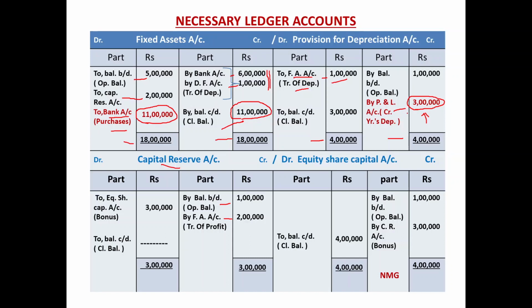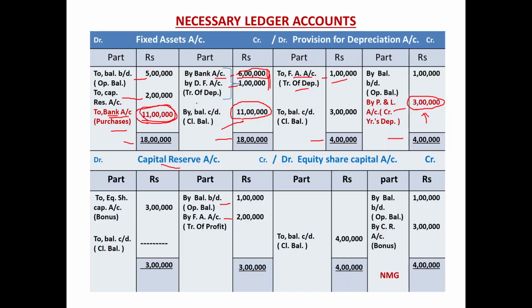So we close the two ledger accounts related with sale of fixed assets. Fund flow impact. Come on the fixed assets account: title came bank 6 lakh indicates the sale of fixed assets, a source of fund. Over here, title came bank, purchase is 11 lakh, an application of fund.